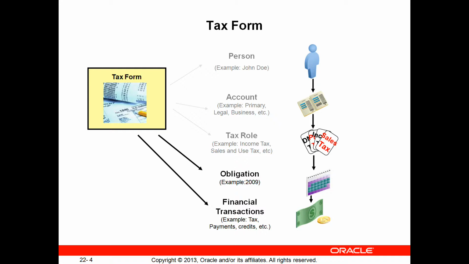So this form will be able to create a person entity, and on top of that an account, and then a tax roll, and on top of that an obligation and all the financial transactions, the assessments and the adjustments which are associated with it. So you should have an idea of these different entities that are used, the base registration entities that are used within the system.